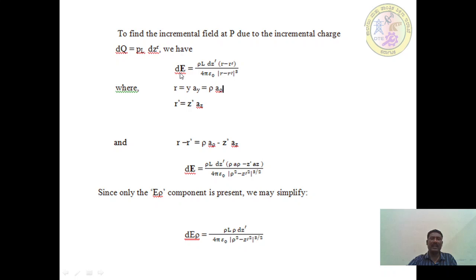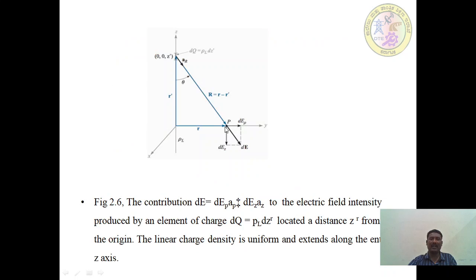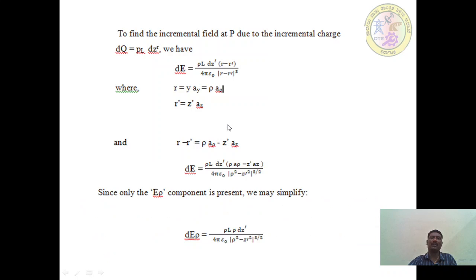We have dE, the diagonal value for the point considered P. dE is equal to rho L dz times r minus r dash divided by 4 pi epsilon naught r square, where r is the magnitude of r minus r dash.